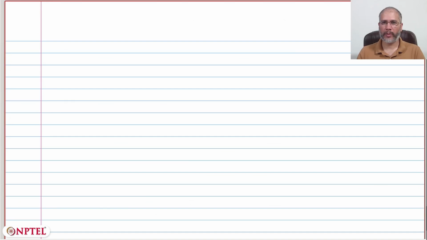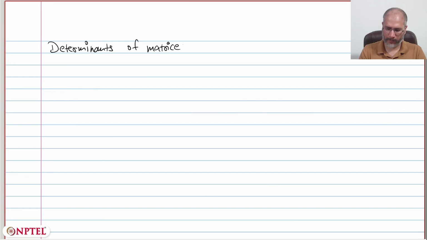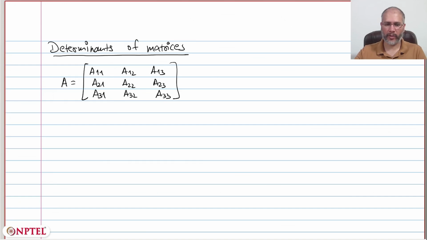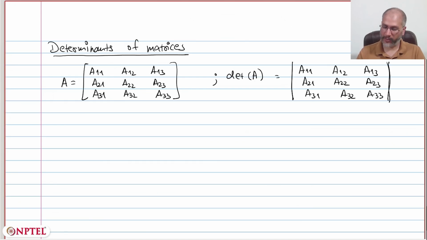So we will now talk about determinants of matrices. If we have a matrix A, we can write its determinant as det A, which is represented as a mod of A, the determinant sign, and then we write the elements of A. But this is just a sign.